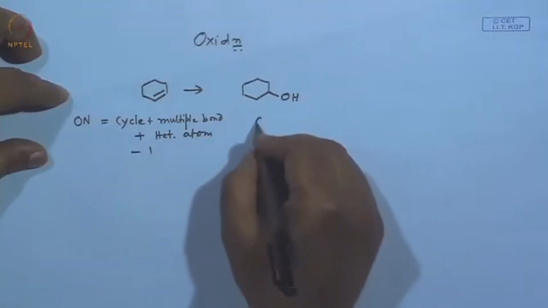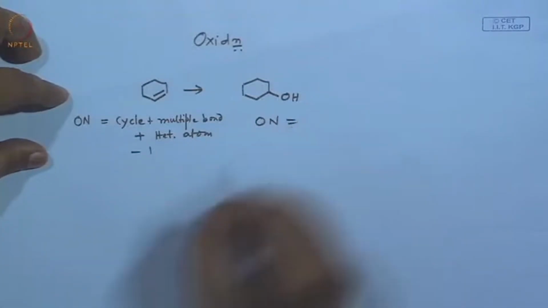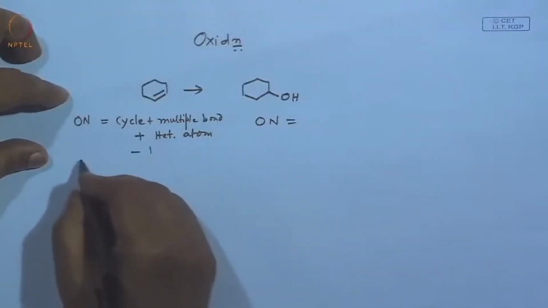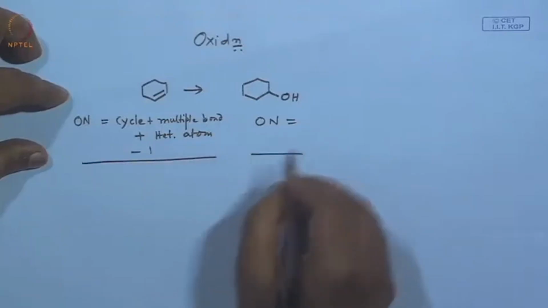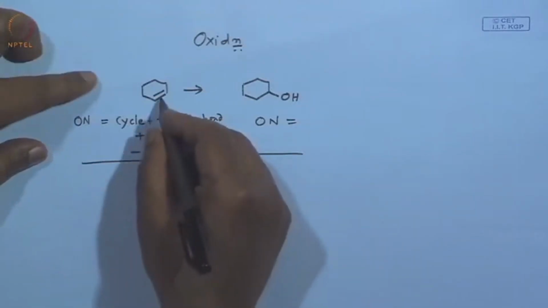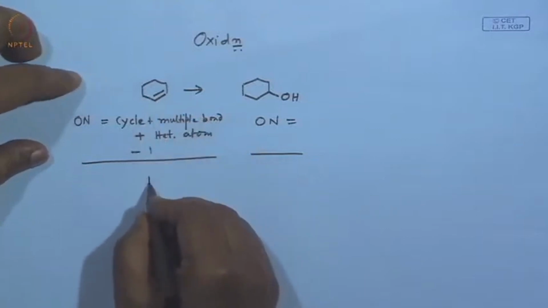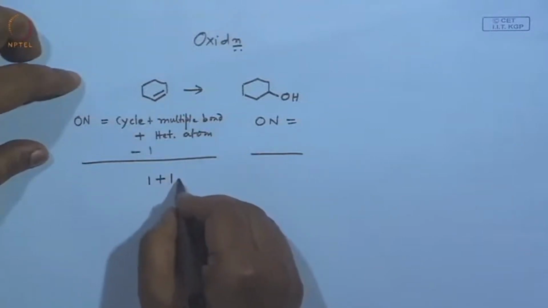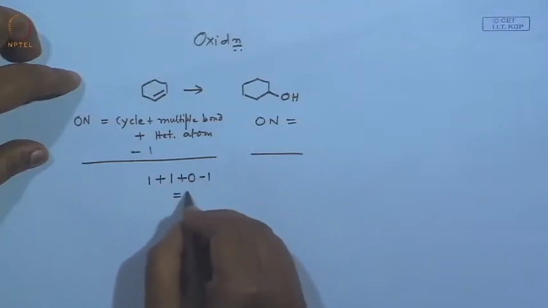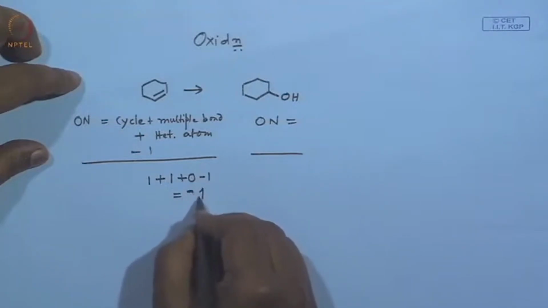This is the master formula. For the left hand starting material, number of cycles is 1, number of multiple bonds is 1, number of heteroatoms is 0, and minus 1. So the oxidation number of the starting material is 1.